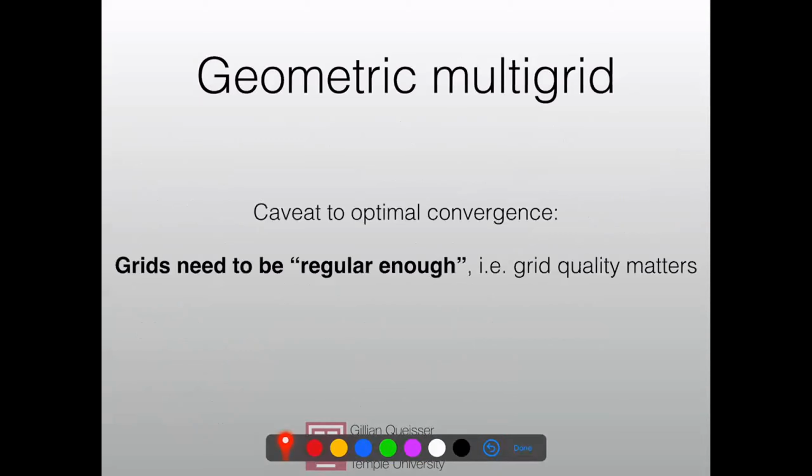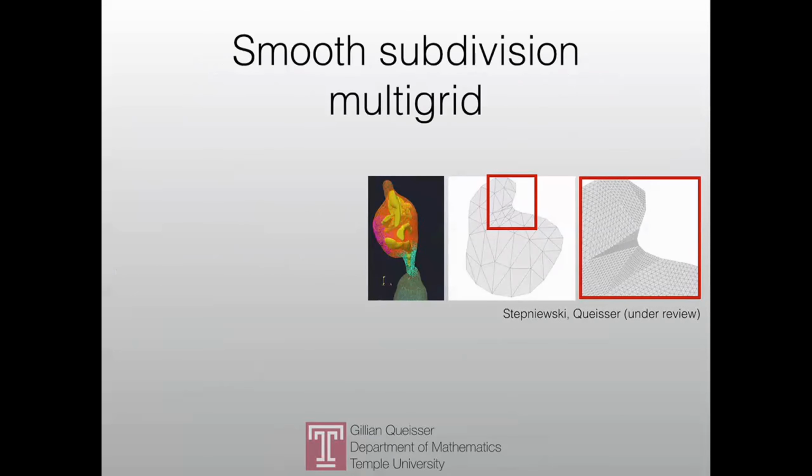The caveat to this optimal convergence that I mentioned is that grids need to be regular enough. That means grid quality matters here. And oftentimes when dealing with microscopy data and reconstruction techniques from microscopy data, one encounters ill-shaped elements in the computational domain.